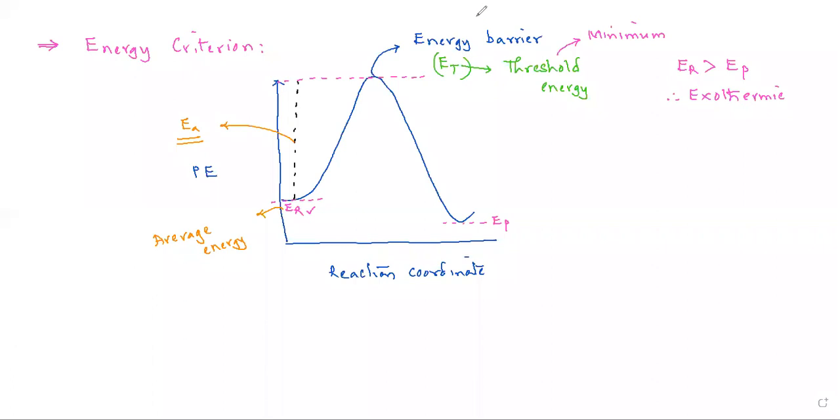So, activation energy is equal to threshold energy minus average energy, or the energy that is possessed by the normal colliding molecules. Then how do the reactant molecules get this activation energy? They acquire it during the collisions.